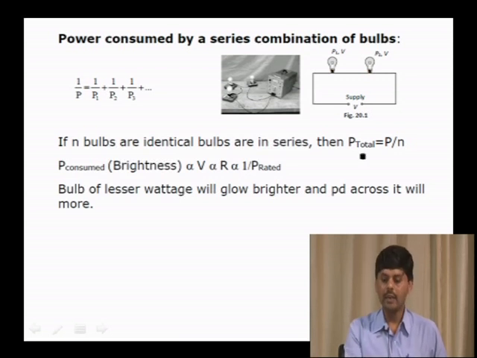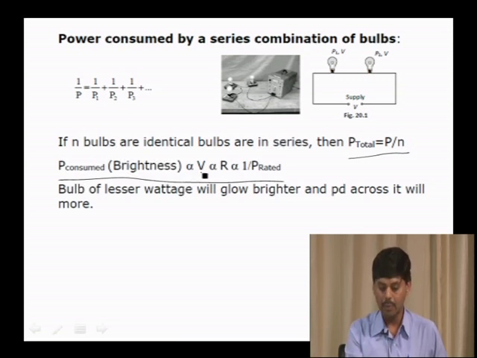If the powers are identical, say 40 watt and 40 watt, then the total power is P divided by N. For a series combination, the power consumed, which decides which bulb glows brighter, is directly proportional to the voltage, directly proportional to the resistance, and inversely proportional to the rated power. P rated means whatever rating is written on the bulb.